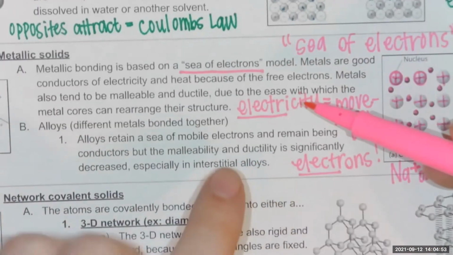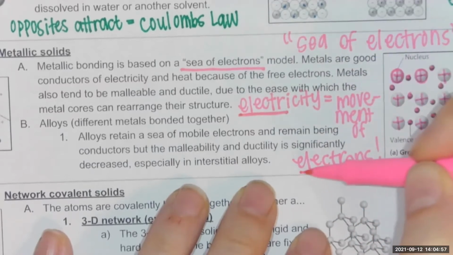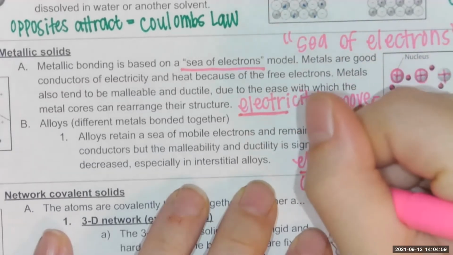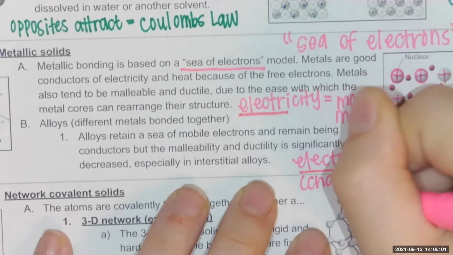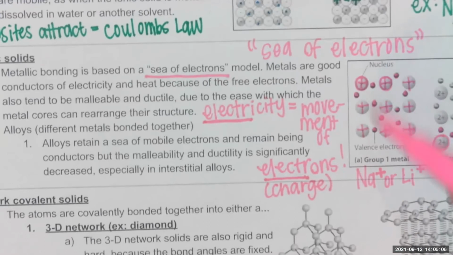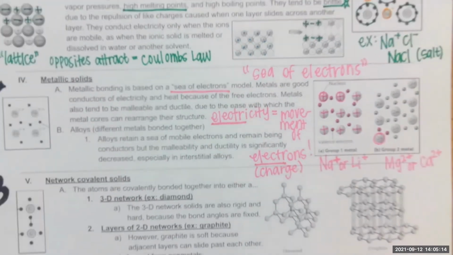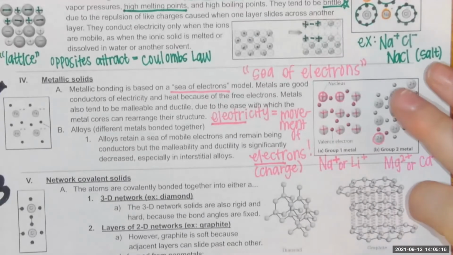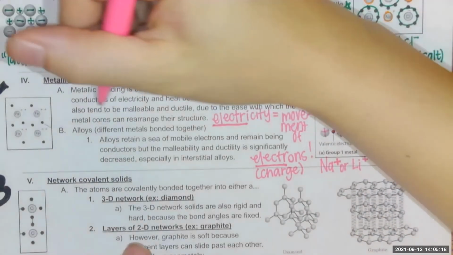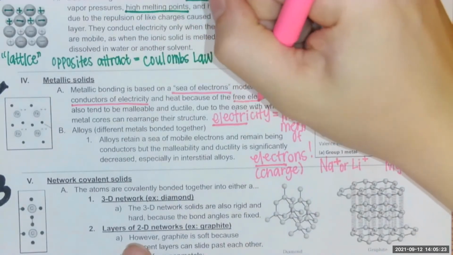That totally makes sense because you're not going to have electricity unless your electrons or charge is moving around. We have lots of charge moving around. Look at that sea of electrons. So of course, these are going to conduct electricity really well. You already know metals conduct electricity. Conductors of electricity. Free electrons.